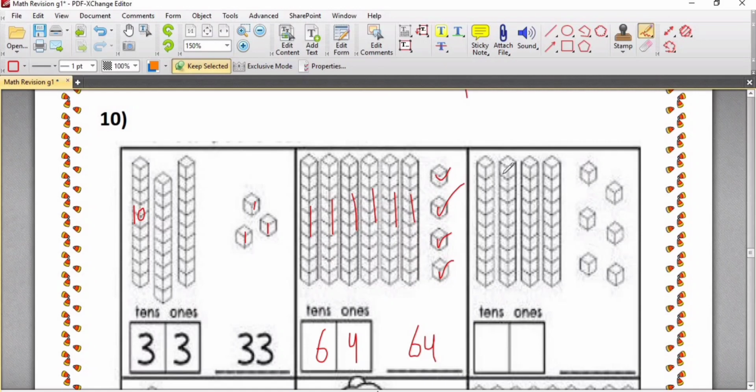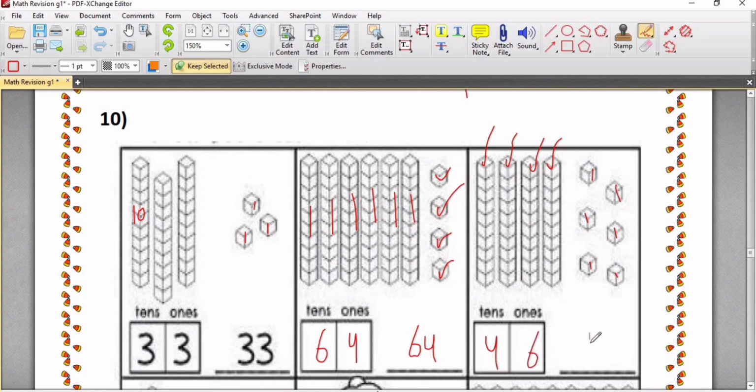Okay, let's see here. Like we said before, each line represents 10. So 10, 20, 30, 40. So we have 4 tens. Okay? What about the ones? 1, 2, 3, 4, 5, 6. So we have 6 ones.